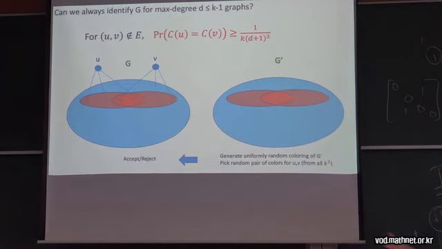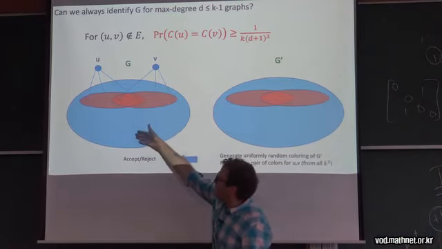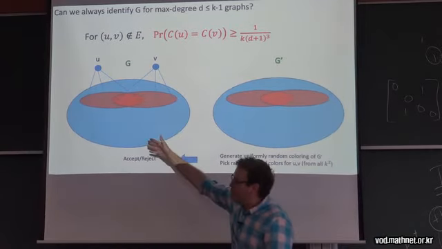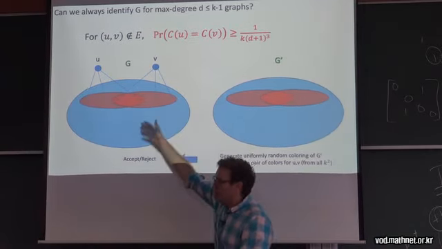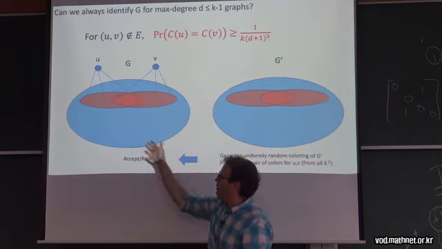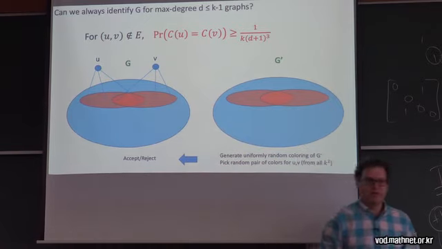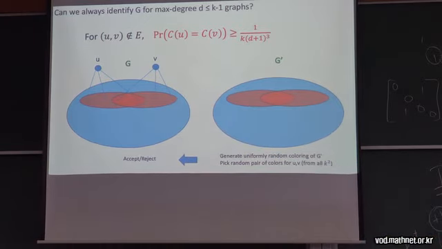The point is that the probability of generating any coloring here is the same. So if I output a coloring, it's uniformly distributed over all colorings because every one has the same probability of being generated. Okay, is that good?